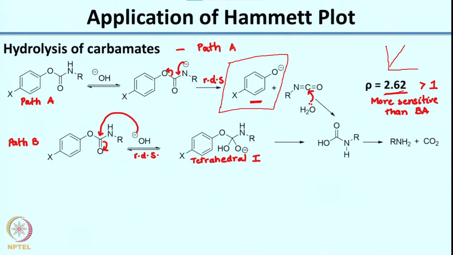The negative charge is generated over here, which is very far from the electron withdrawing group, so it cannot stabilize that much compared to path A. So according to the rho value, we can say it is more sensitive. That means the path A mechanism is the correct mechanism. So this is the application of the Hammett plot, from which we can find out the correct or possible mechanism for the reaction.